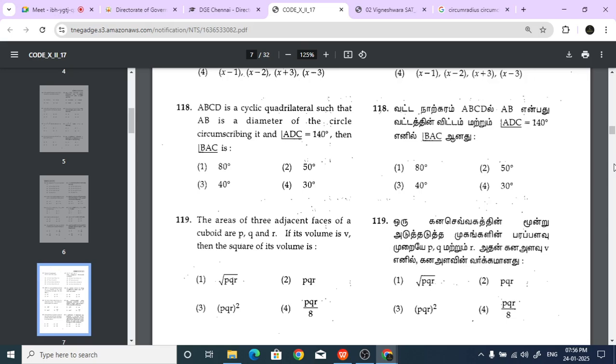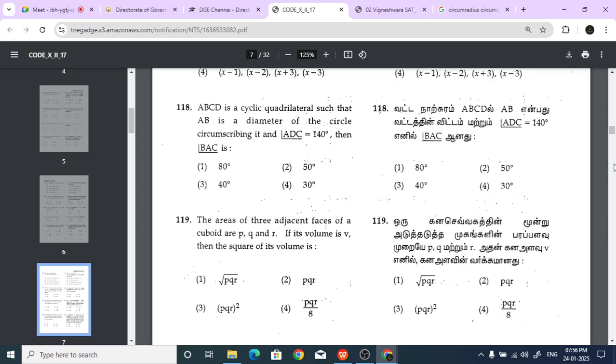The areas of three adjacent faces of a cuboid are P, Q, and R. If its volume is V, then the square of its volume is... Okay, now I wanted to ask you, what is a cuboid? It is a 3D rectangle. How many faces are there in a cuboid?